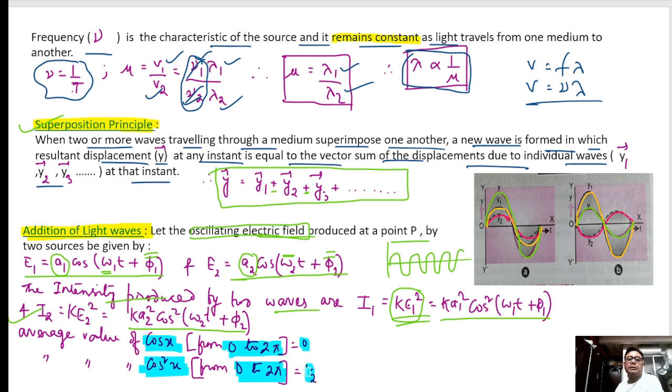Please note this point. cos x keeps varying from 0 to 360 degree. Clear? Now, keeping this in mind, let us see ahead. Next, what is there?